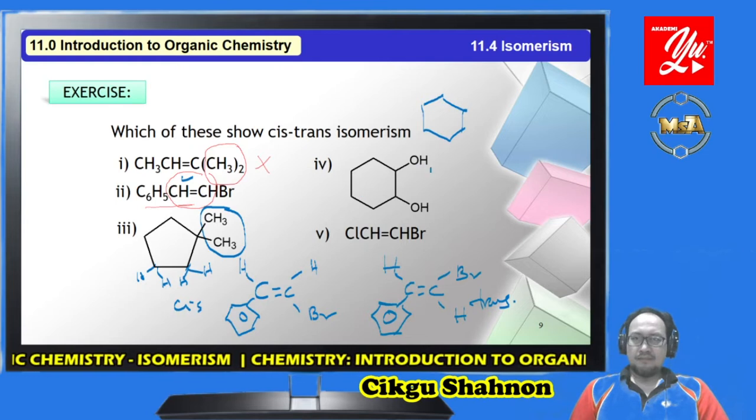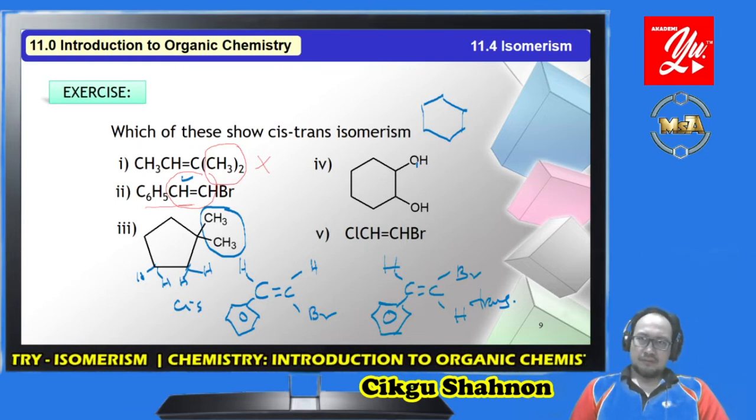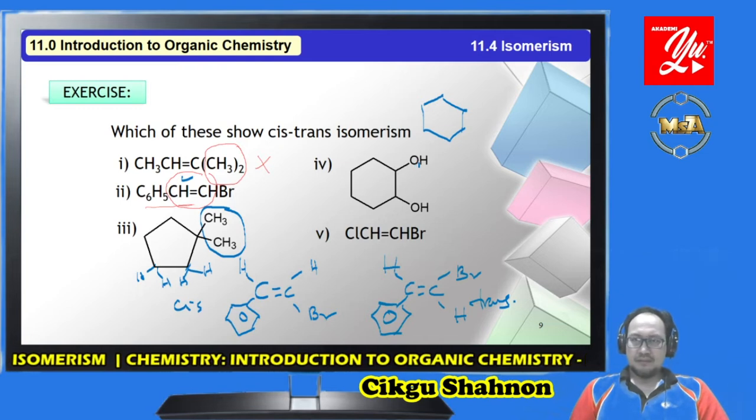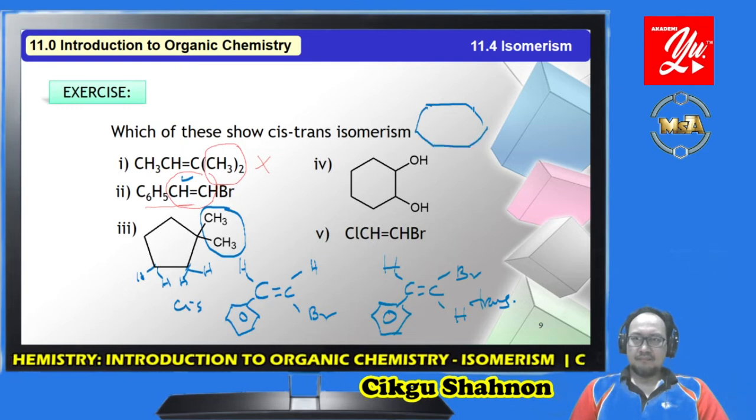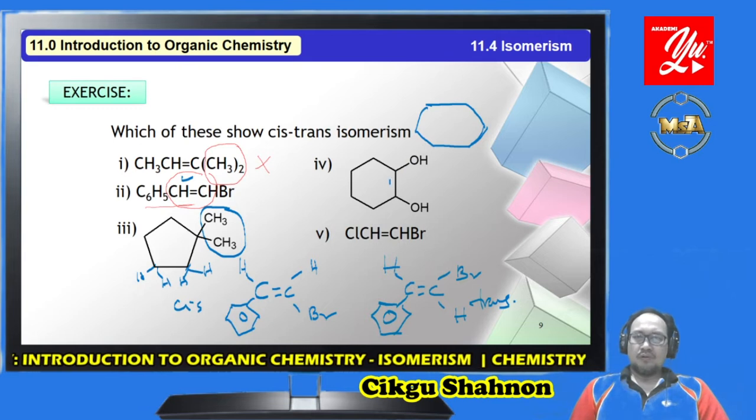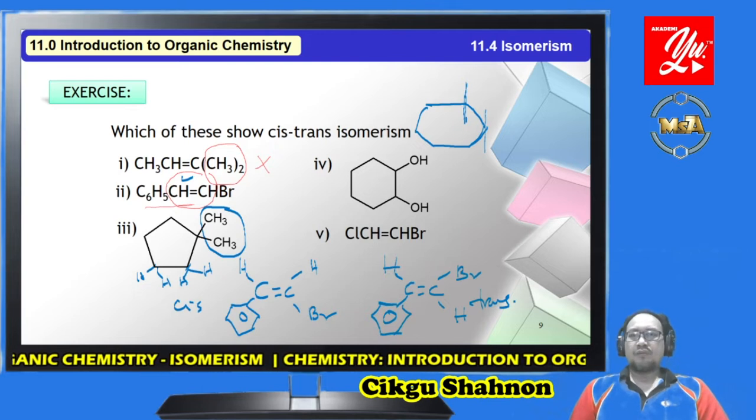Okay, now I want to change the OH, let me see. Okay, make it like this. Why did I change it? Because when we want to draw this structure for a cyclic, make sure that we have an up and down like this.